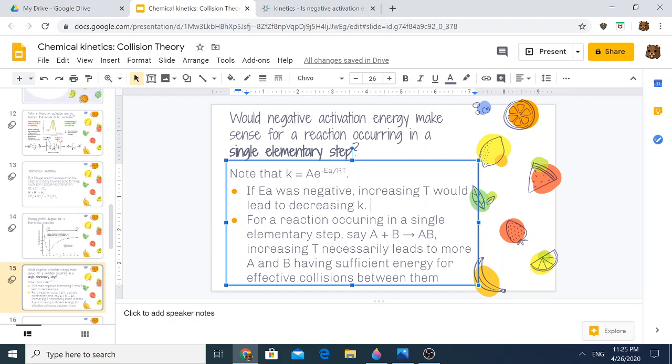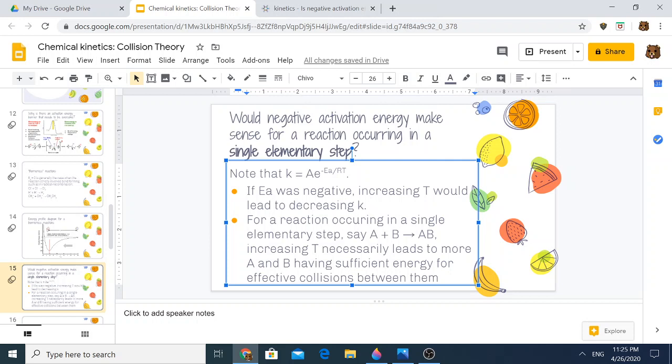If you still remember our Maxwell-Boltzmann distribution from the previous video, you would think that more particles would have sufficient energy when T increases. So it wouldn't make sense to have the rate decreasing as temperature increases.